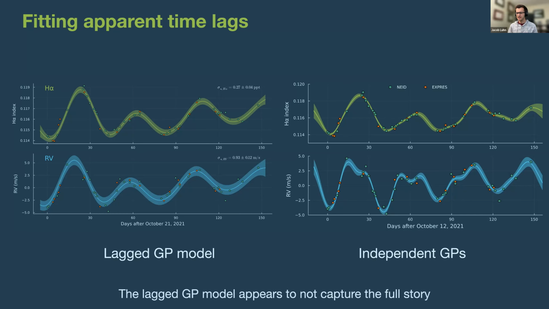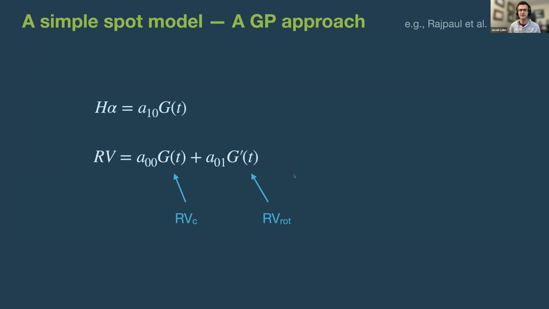And so potentially this lagged GP model is not capturing everything. And that's to be expected because this lagged GP model is an approximation to our simple spot model, where we've basically lumped these two terms together and said we can describe it with a latent GP that's time lagged. And so we don't necessarily expect it to perform that well.